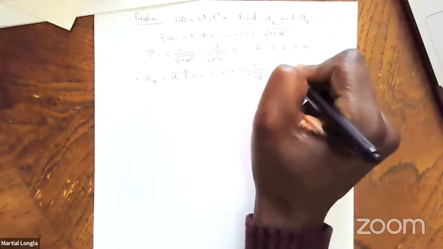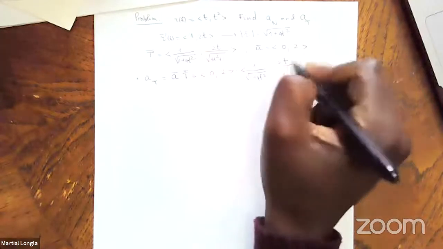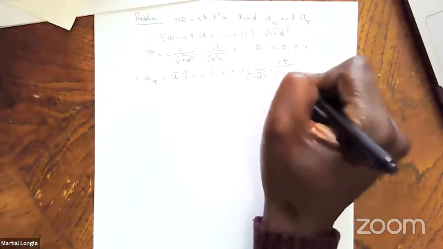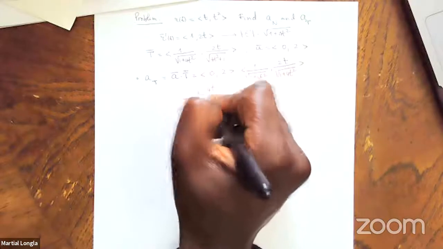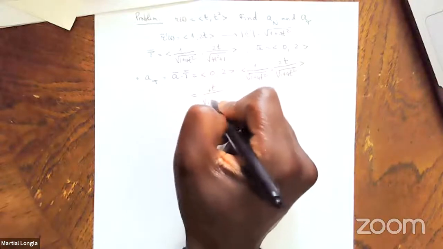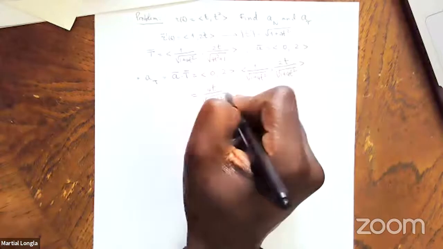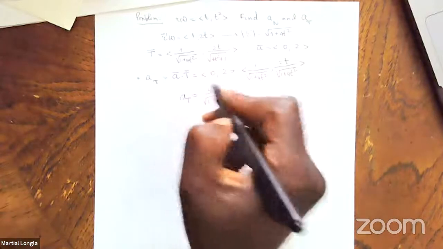It should be pretty straightforward when you look at those steps. Just write down what is necessary, and then you do the dot product. That's 0 plus that, which is 4t over square root of 1 plus 4t squared. So that's the component.